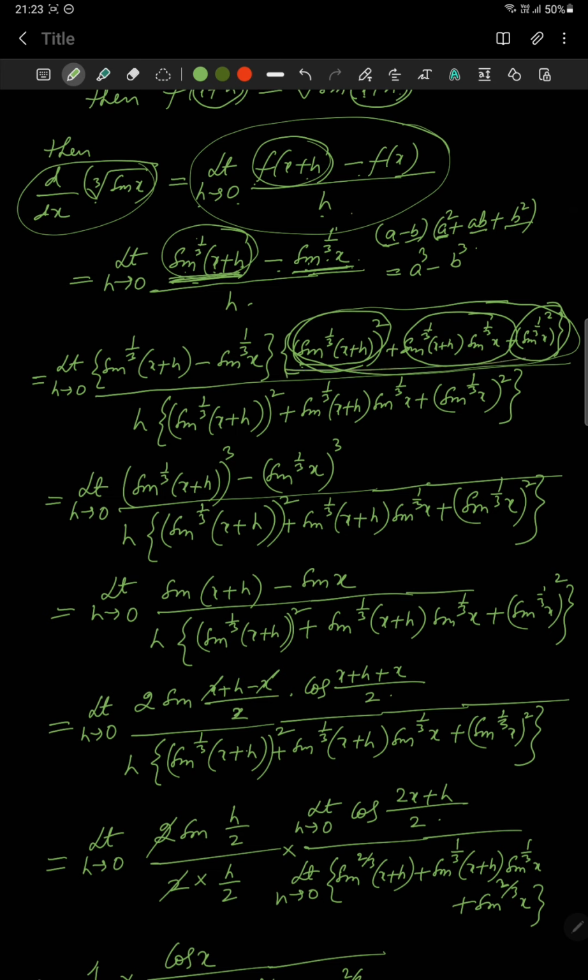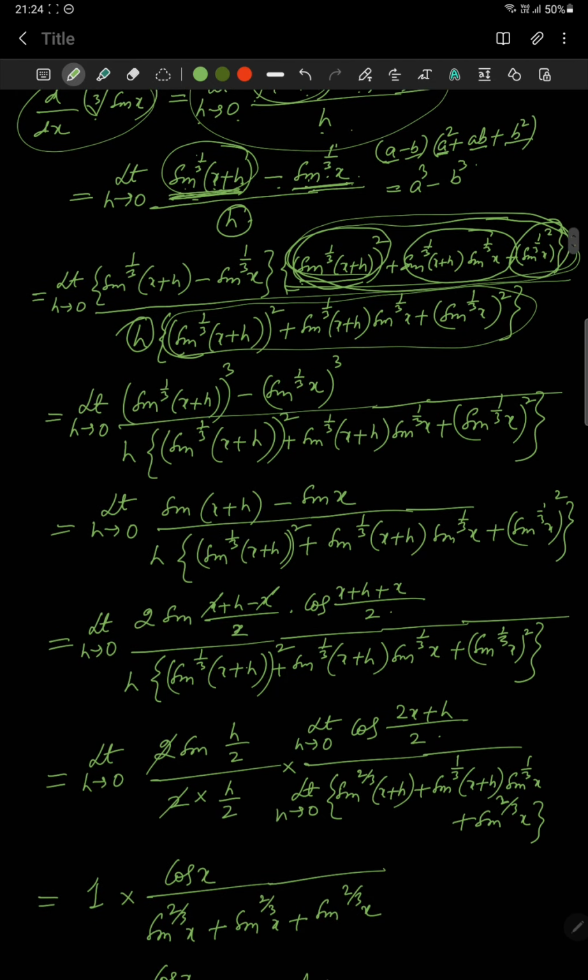So this much is multiplied in the numerator and the same thing is multiplied in the denominator, and this h is copied as it is. Carefully you have to see this and understand.